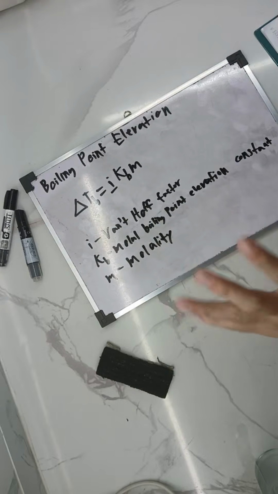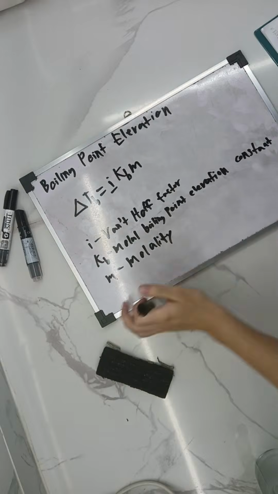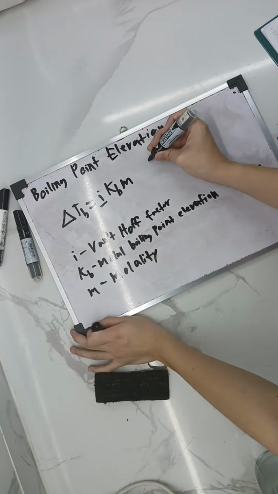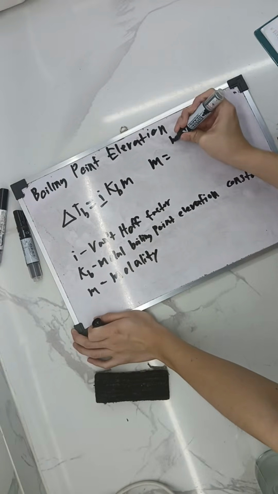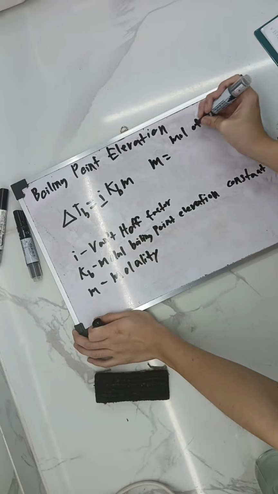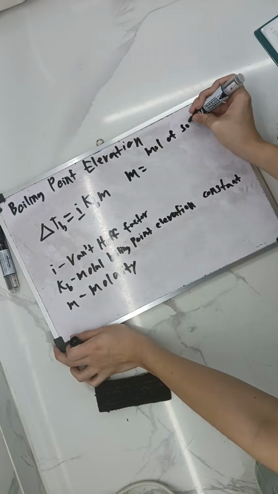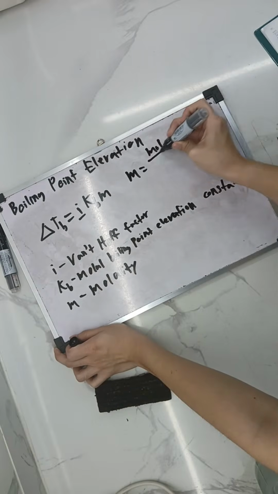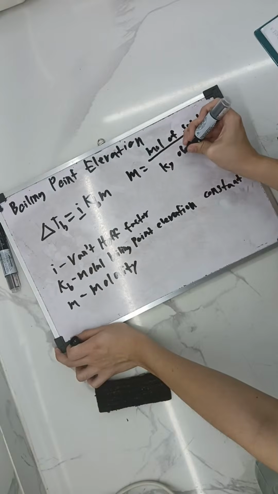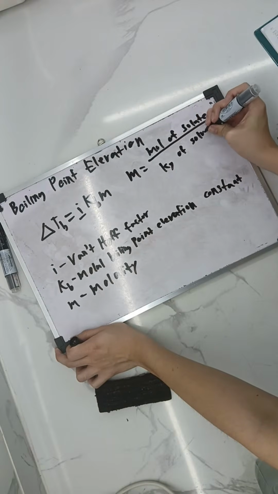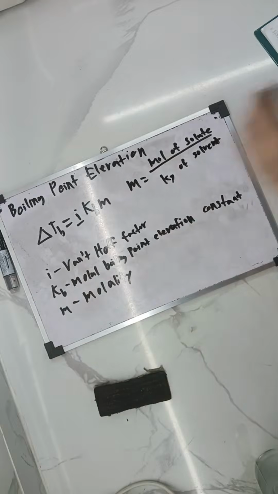So then you're going to use molality, which is represented with this formula. So molality is equal to moles of solute divided by kilograms of solvent. Okay, so this is the formula for molality.